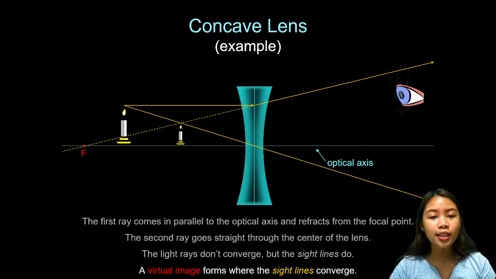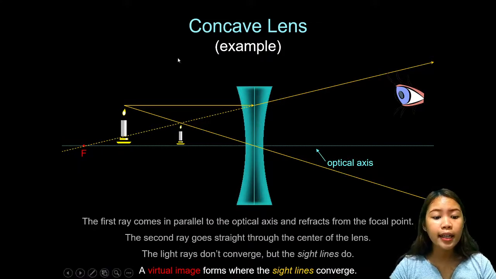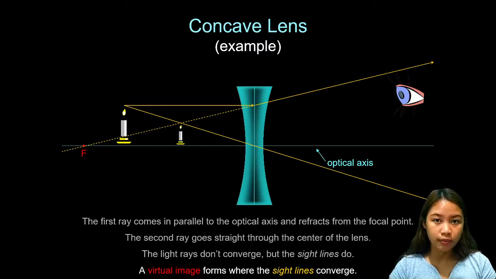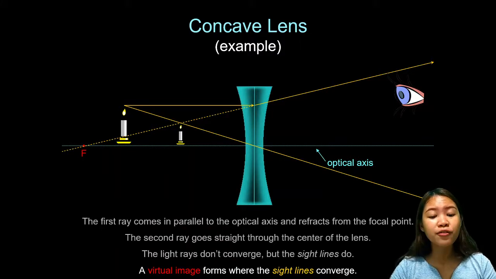Then, this is smaller compared to the object, meaning this is reduced. And it is located on the object side, therefore, it is virtual. So, the image formed in this lens is upright, reduced, and virtual.